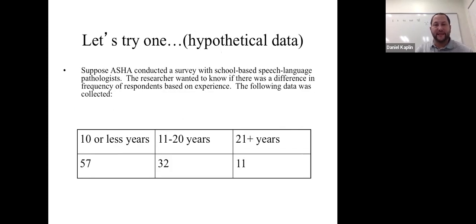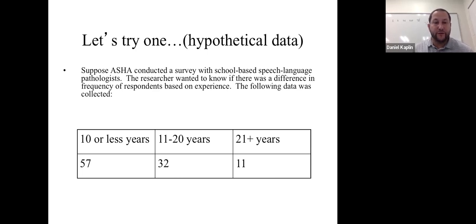So here would be an example. Suppose you were a school-based speech and language pathologist and you wanted to determine whether or not the frequency of respondents differed based on one's level of experience or, dare I say, level of career. So early career, mid-career, or later career speech and language pathologist.